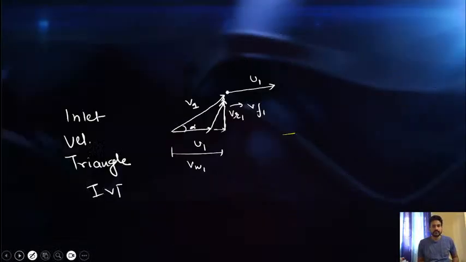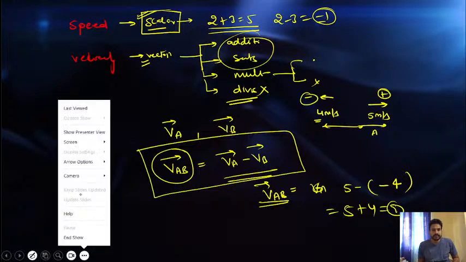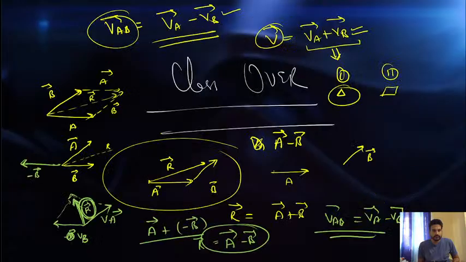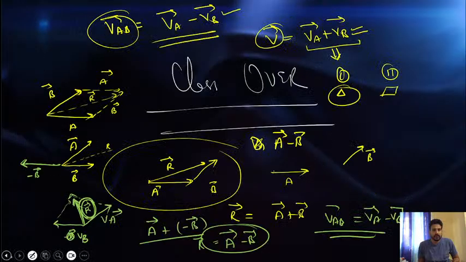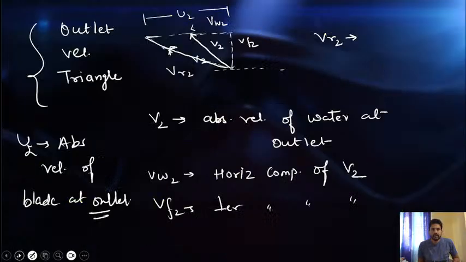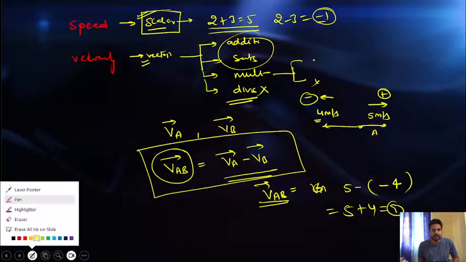See, so outlet velocity triangle, how to understand it? Okay, this is my outlet velocity triangle. चलो मैं एक फ्रेश पेज पे ही आपको समझाता हूँ.